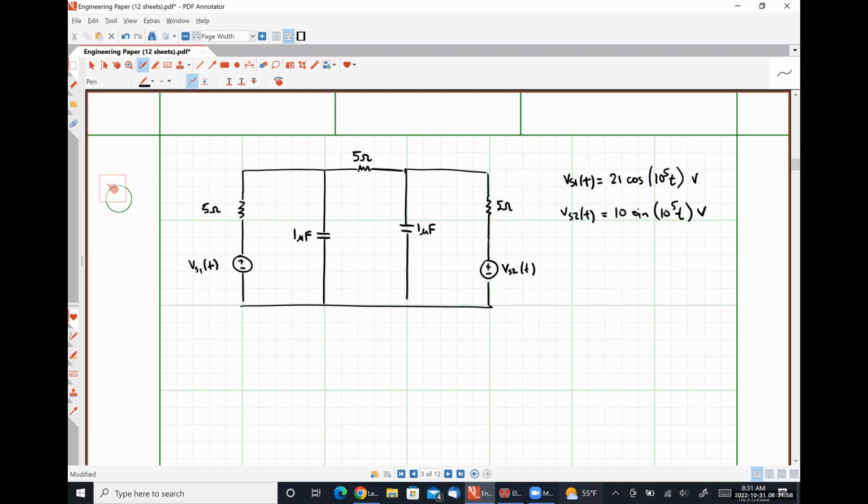And our goal is to determine the current flowing through our 1 microfarad capacitor on the right.